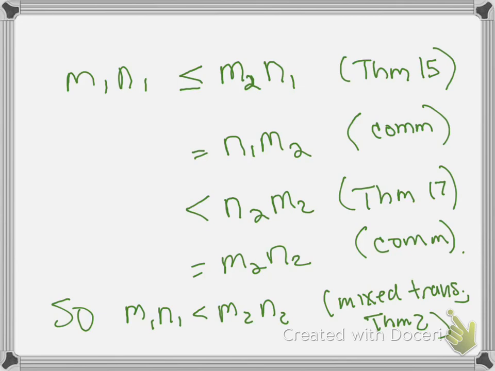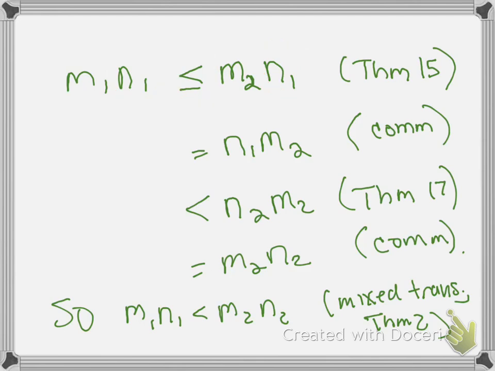Now, the first thing we do is we use Theorem 15, which was similar to Theorem 17, except that it was a non-strict inequality and you didn't have to make any assumptions. So since m1 is less than or equal to m2, we can multiply both sides by the same number, n1, and get that m1 n1 is less than or equal to m2 times n1.